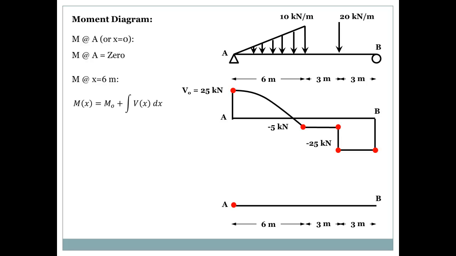So what I will do, I will start with the moment M0, which is 0, and I will add to it the area, or the integration of Vx dx, the area under the shear diagram between 0 and 6. M0 is equal to 0 because M at A is 0, and I will integrate this equation we got from previous steps, and this is the moment equation now.